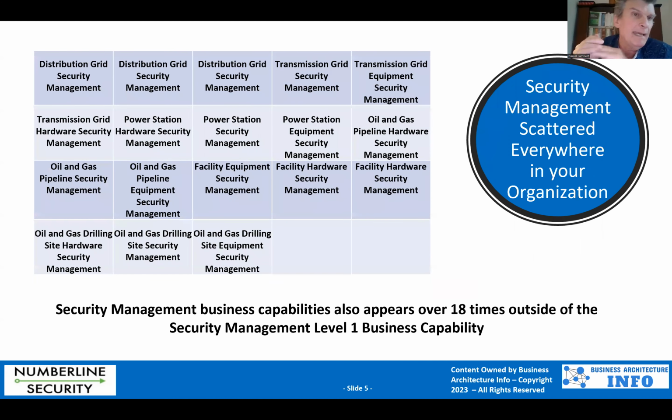It's also spread out everywhere else in other level 1 capabilities, because it's not just a few folks that should be involved with security. Everyone needs to take security into account, and in the energy and electric industry, at minimum, you should also be taking care of security at those levels.